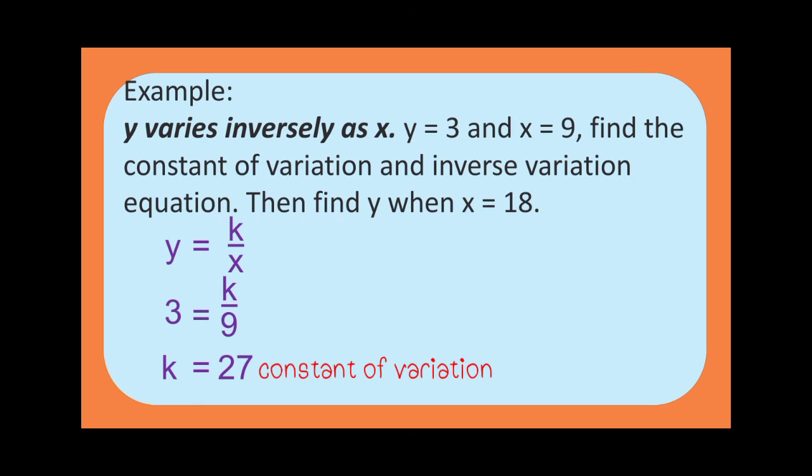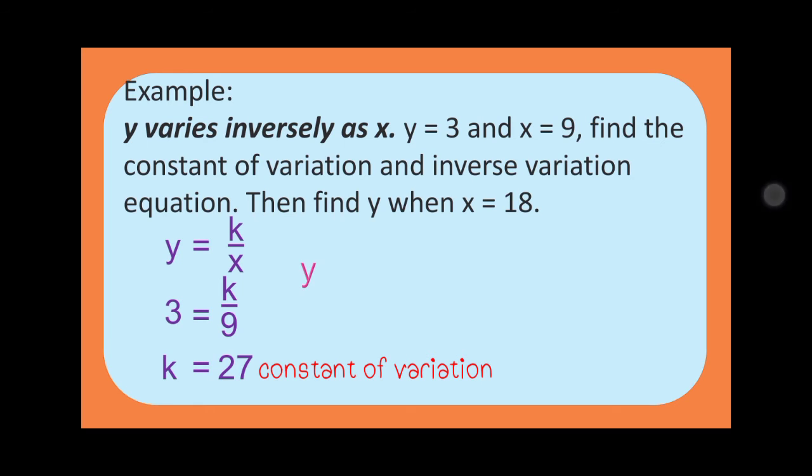Then let us continue muna with our problem. Find y when x is equal to 18. So since given na ngayon si constant of variation at hahanapin naman natin ang y, so substitute na natin ang value ng x and k.